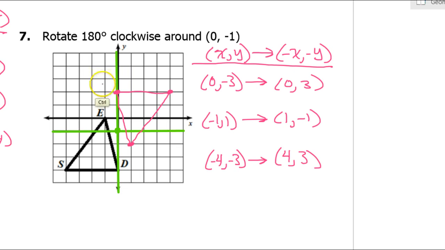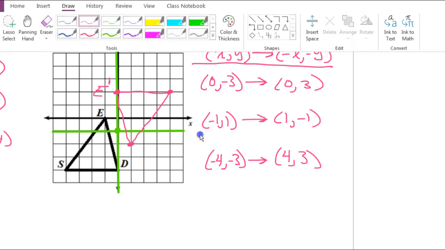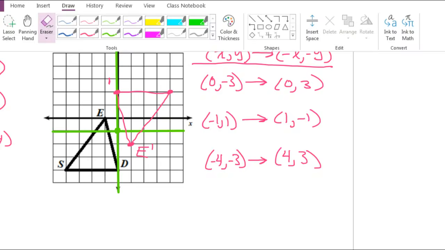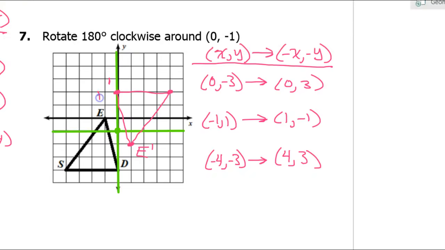All right, so 0, 3. So this was E prime. Hold on. This was E prime, because the first one I did was D prime. And that means the last one must be S prime.